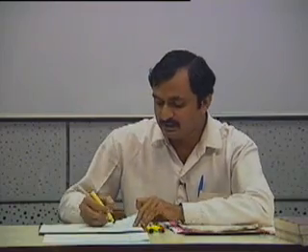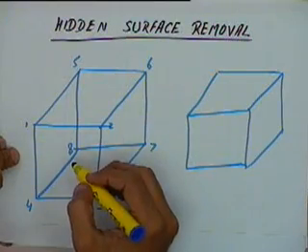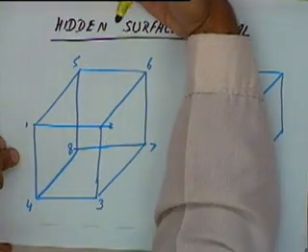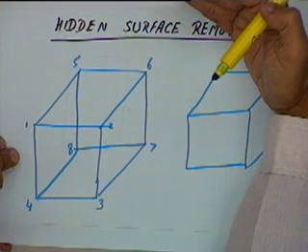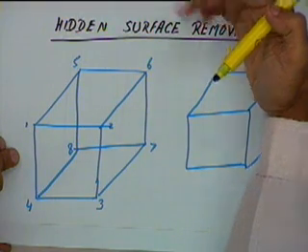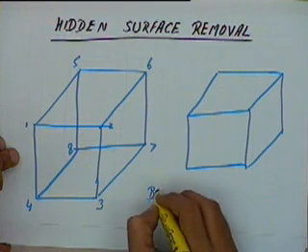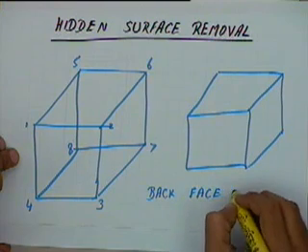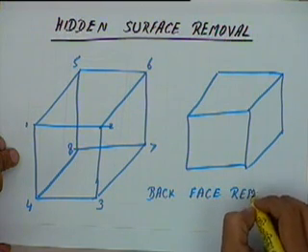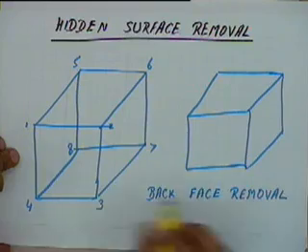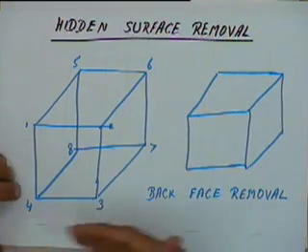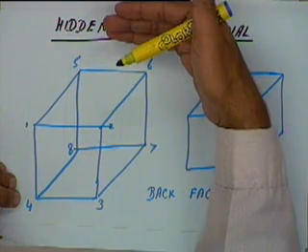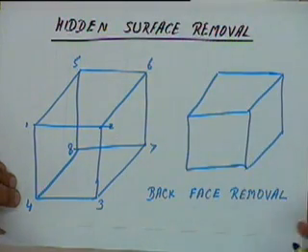If I am just deciding which of these surfaces are to be displayed in a single object, whichever surfaces are at the back side, I can simply decide not to display them. I can use an algorithm referred to as back face removal. Whichever surfaces or faces are on the back side, I will just not consider them while displaying.